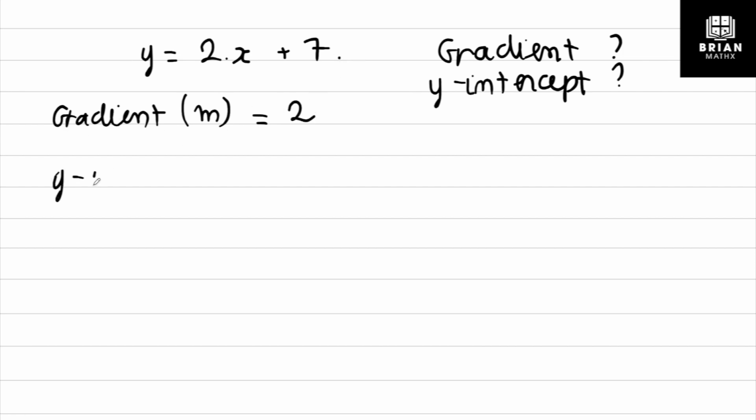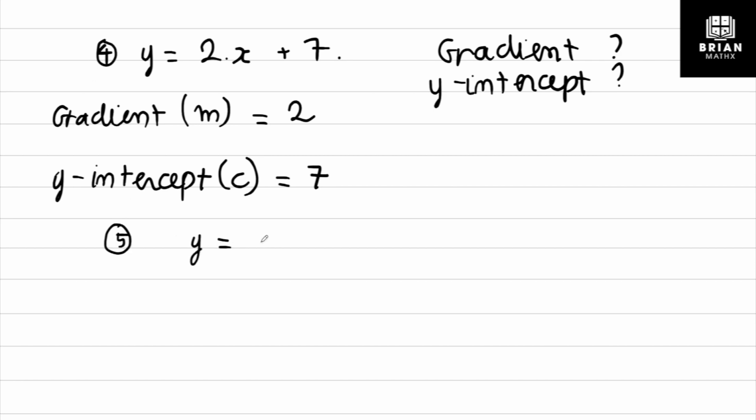And how about the y-intercept? The y-intercept means c. The question asks about the y-intercept, meaning the question wants to know the value of c. And from this equation, very easy, 7 is the y-intercept of this equation.